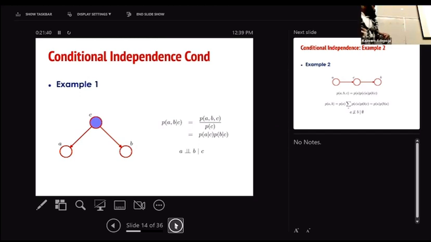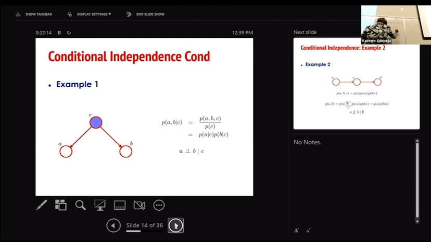You see that, right? Now, let me write that so that you'll be able to understand. What I mean is, if I want to find the probability of A, B, C based on the structure, I'll first write the probability of C, then the probability of A given C, the probability of B given C. Okay, take a look at that. Now, these two here, do you know I can combine them to be what?